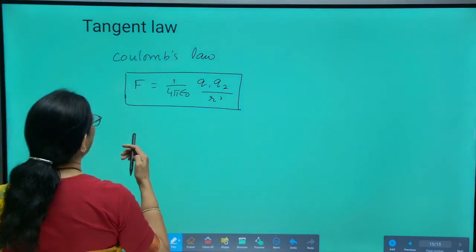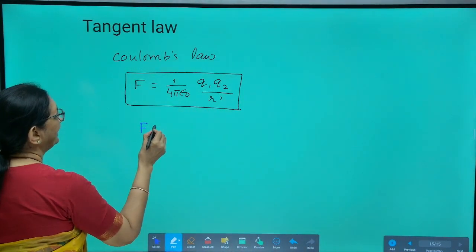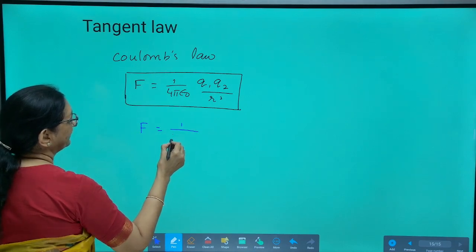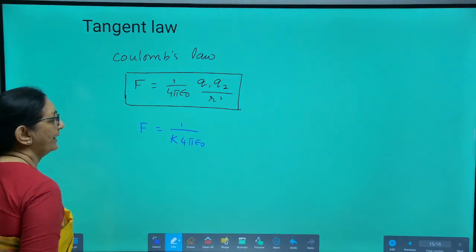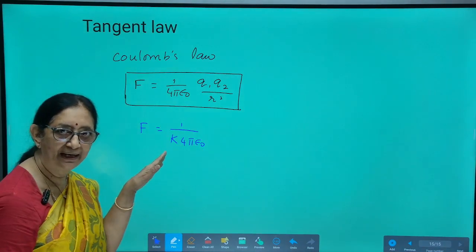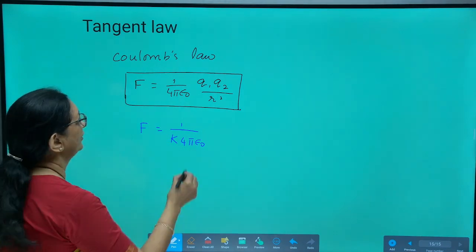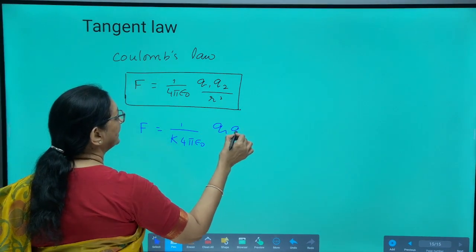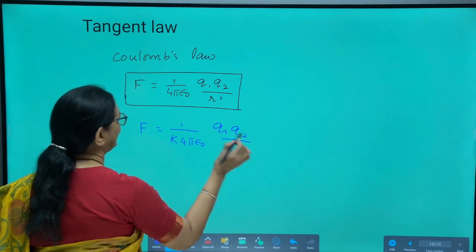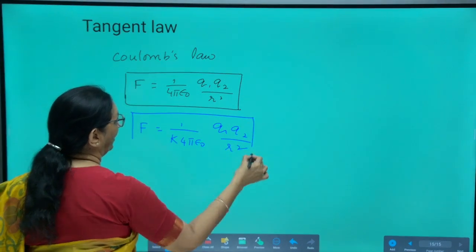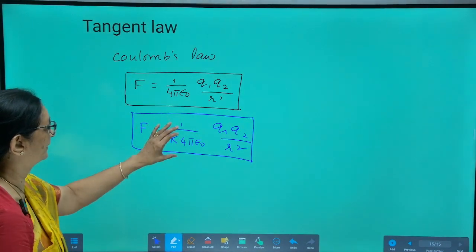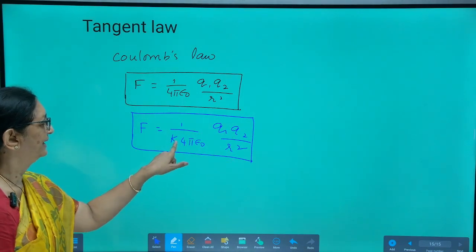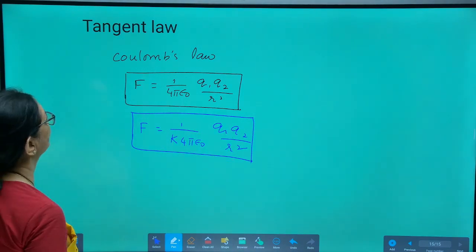Now, in any medium of dielectric constant k, the force of attraction or repulsion is given by 1 by k into 1 by 4 pi epsilon naught q1 q2 by r square. That is the force between two charges in any medium of dielectric constant k.